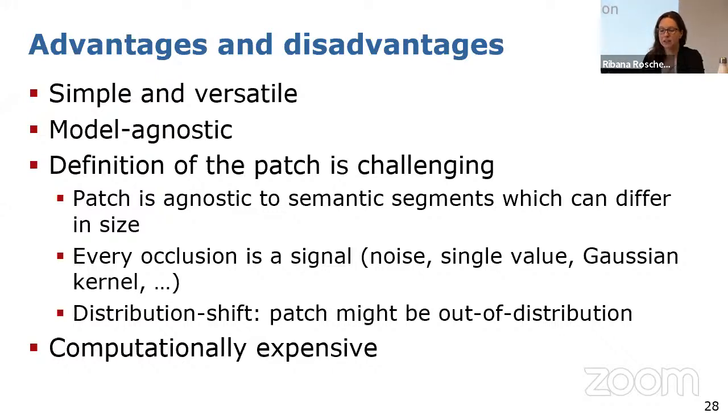And there's a distribution shift. So the patch might be out of distribution. Every time you learn a model, you have training data, and they represent a specific distribution. And the changed input with the occlusion might no longer be in the data distribution we trained the model on. So we generally assume that the model will be evaluated on data coming from the same distribution as the training sample.